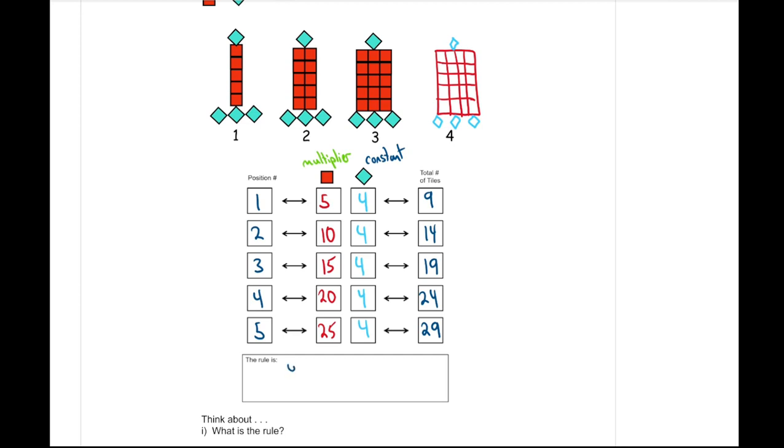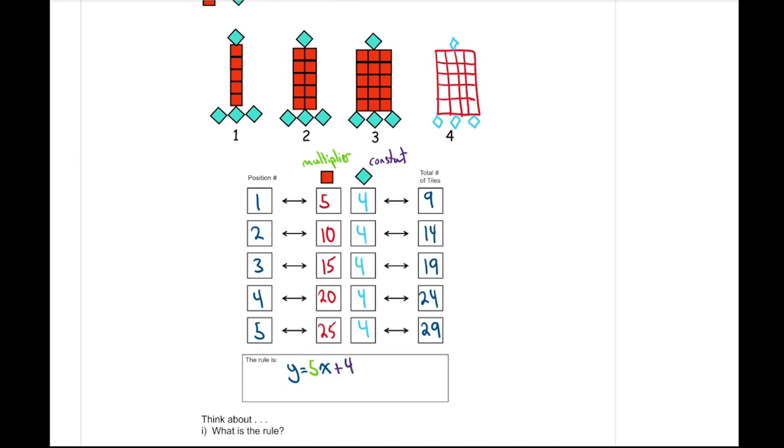So in my rule, it would be y, or position number, equals my multiplier, which in this case, because the red tiles are changing by 5 every time, is going to be 5 multiplied by the position number, or x. Let me just use a different color here. Plus the constant, which is 4.